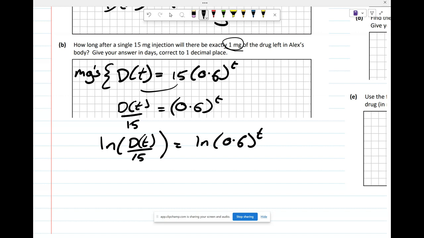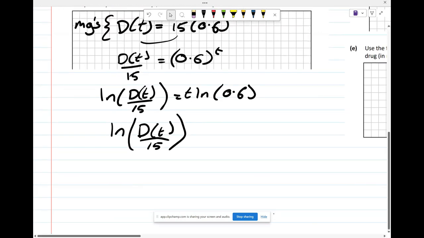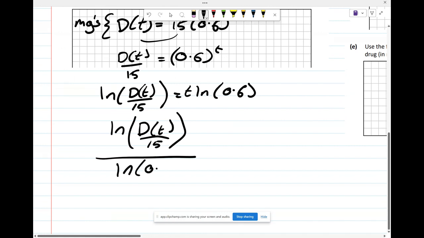Do you remember the log of anything to a power is actually the same as the power multiplied by the log? And so what that means is we can then divide by natural log of 0.6. And so that's equal to t.